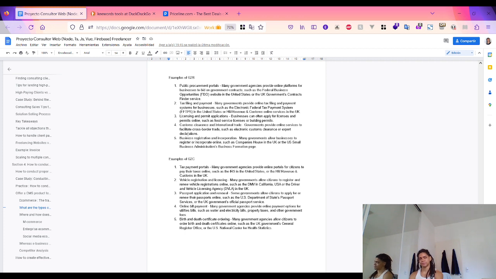So yeah, basically that is what most of these public procurement portals or these government contracts are based on, especially on the relationship between the business and the government. And because there are few people that know how to do this, okay?